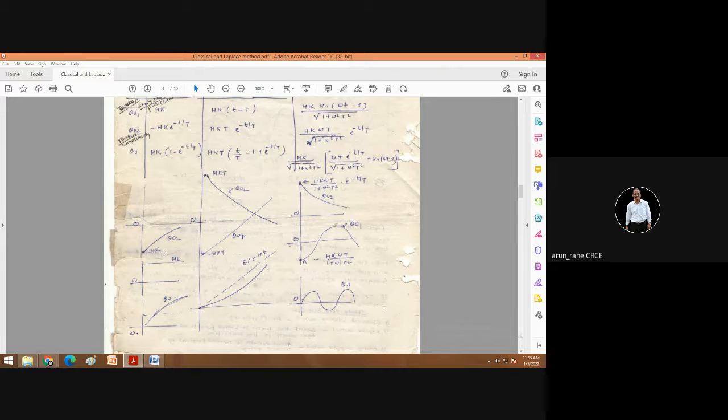Now at any moment, these values are less than Hk, isn't it? My maximum value is minus Hk. So when I add this and this, I am going to get a positive value. So my graph will be like this. This is my output and this is my input disturbance.